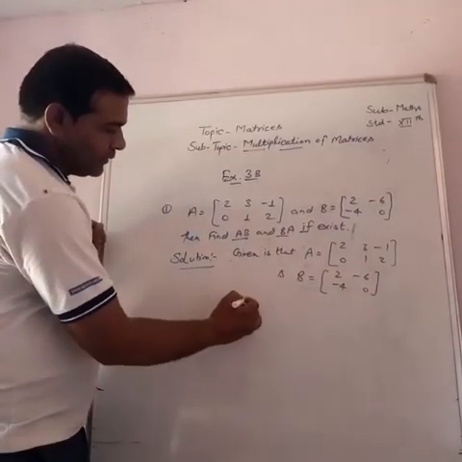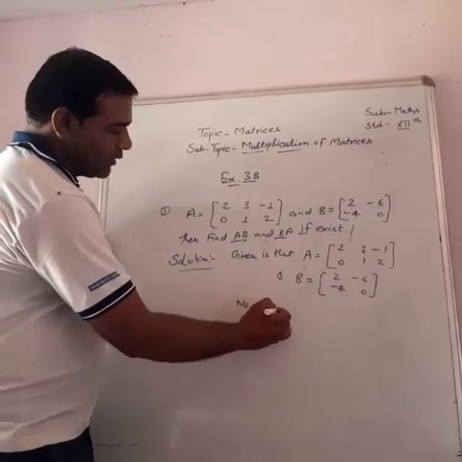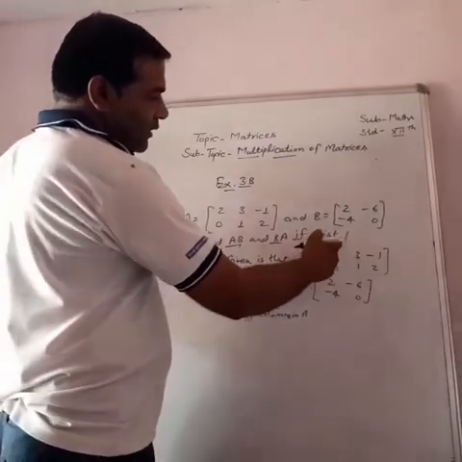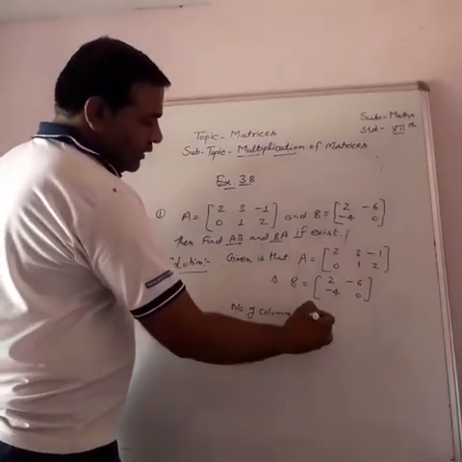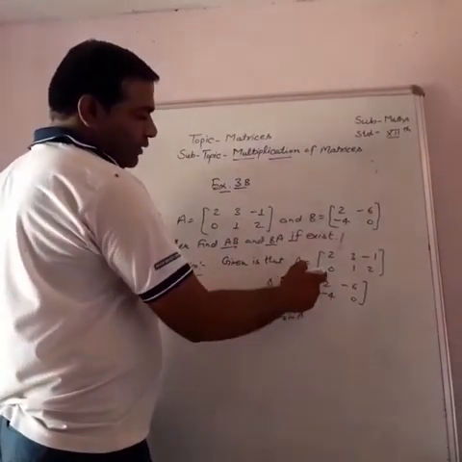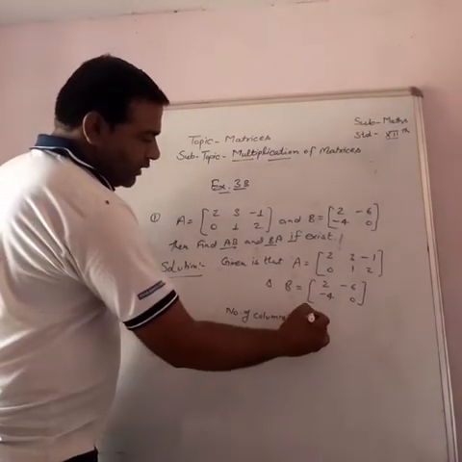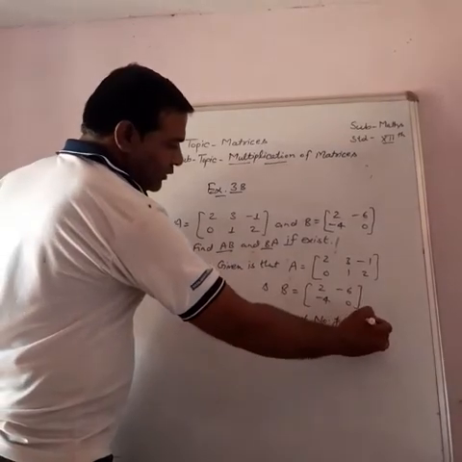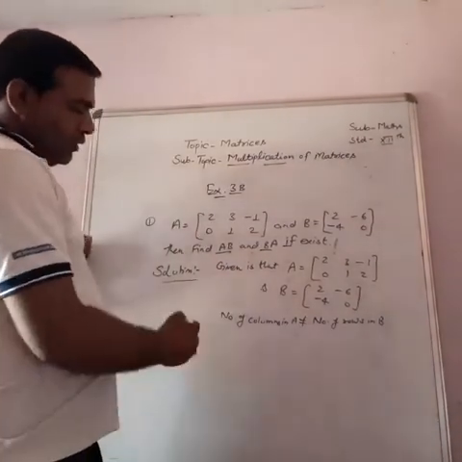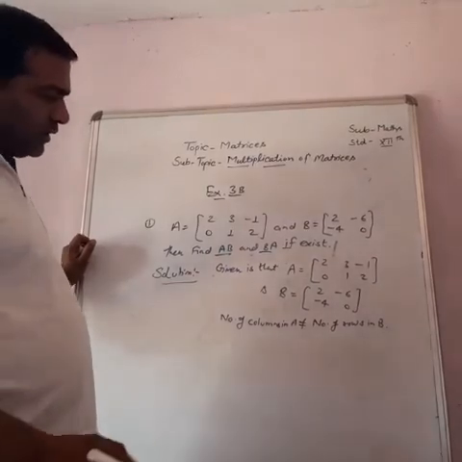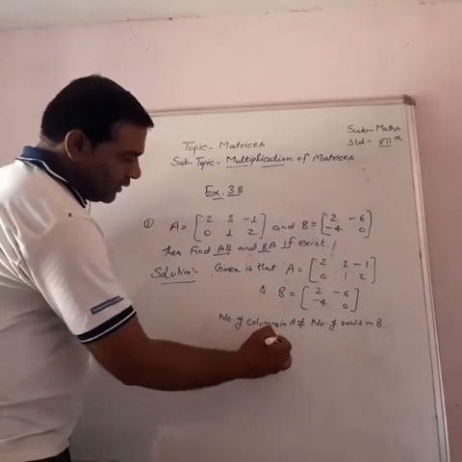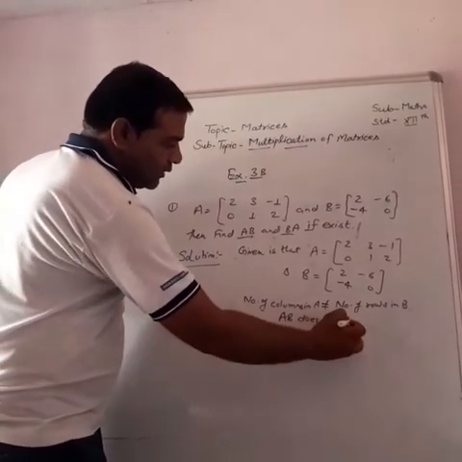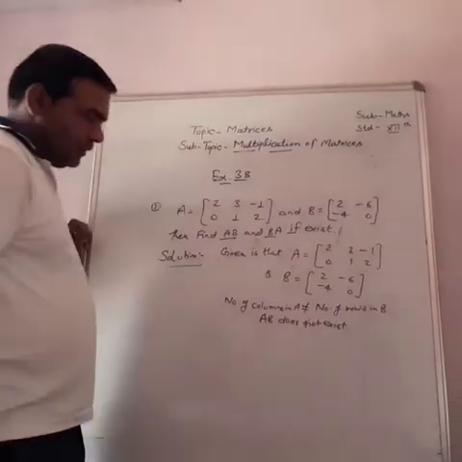Here the number of columns in A, that is 1, 2 and 3, and the number of rows in B, 1 and 2, is not equal. So by the properties of multiplication, AB does not exist. AB does not exist, right?